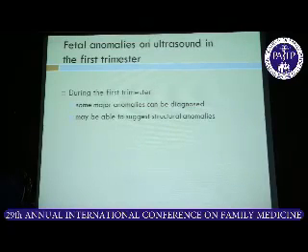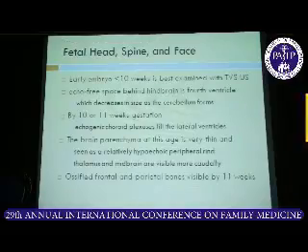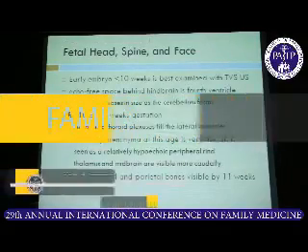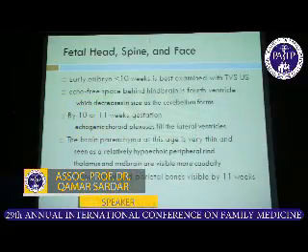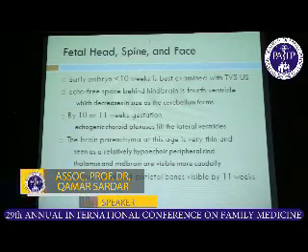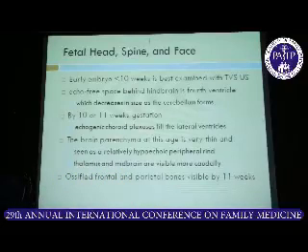What are the fetal anomalies in the first trimester? Some major anomalies can be diagnosed, and it may be possible to suggest structural abnormalities of the fetal head, spine and face. This is focused, and an early embryo, less than 10 weeks, is best examined with TVS ultrasound.